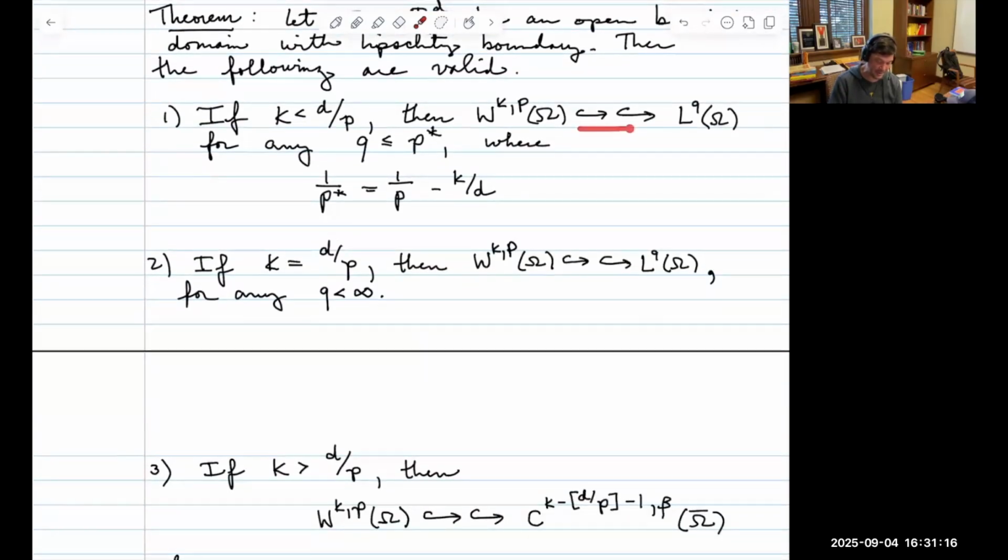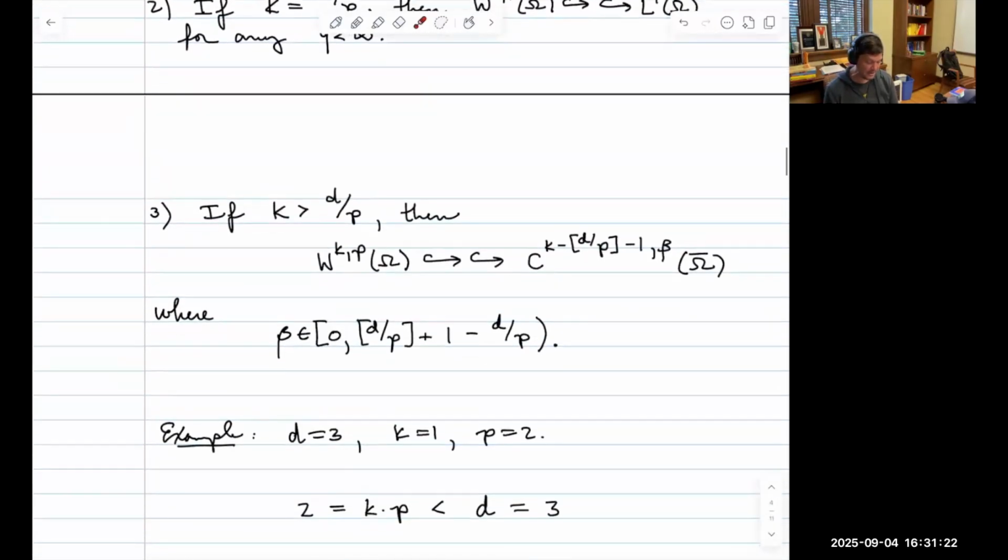All that we're doing is adding that extra arrow and saying that these embeddings are also compact. The only difference comes for case number 3, and this part of the formula is still the same. This part here is a little bit different.